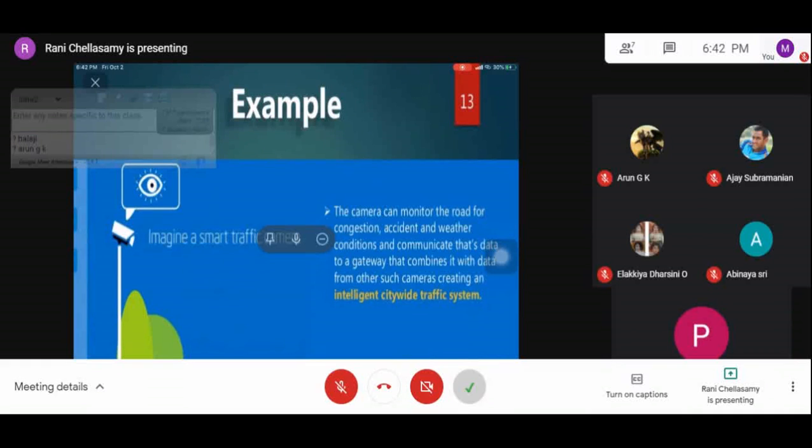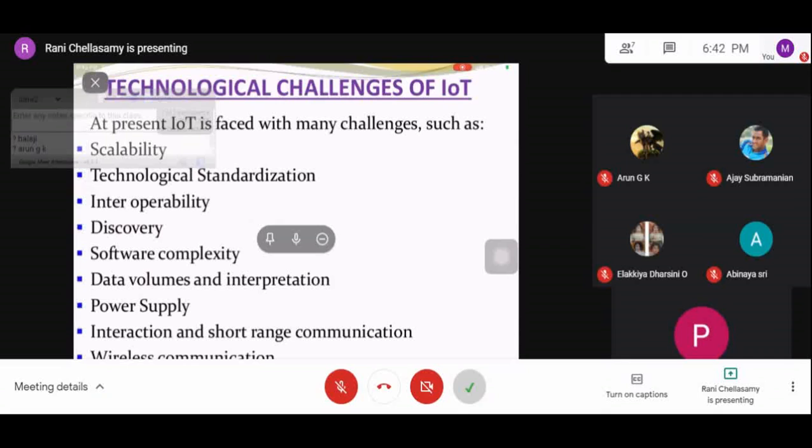Some of the technological challenges of IoT are listed here. They are scalability, technological standardization, interoperability, discovery, software complexity, data volumes and interpretation, power supply and interaction, short range communication, wireless communication, and fault tolerance.